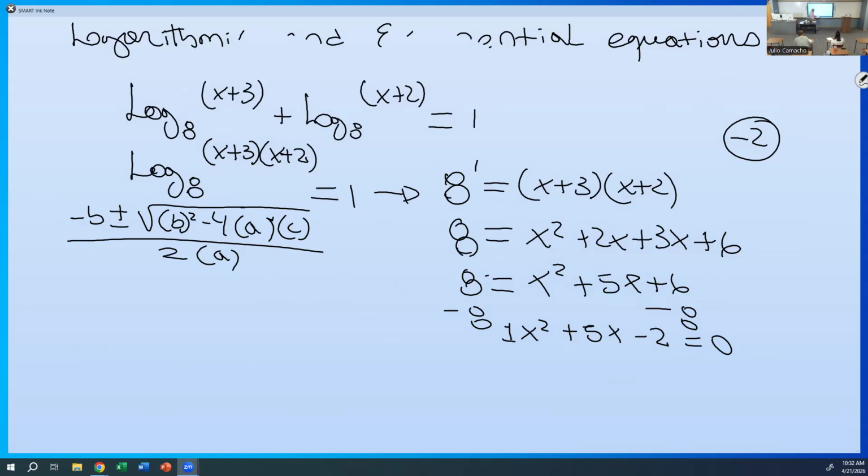And I will label these numbers. 1 is your a, positive 5 will be b, and negative 2 is your c. Remember, when you pick the number, you pick the sign also.